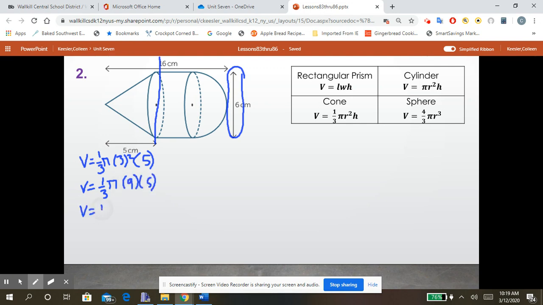So volume equals 1/3 pi times 45. So volume equals, well, 1/3 of 45 is 15 pi. And we'll leave it that way for right now. That's also centimeters cubed. All right, so now we can go into the cylinder that's in the middle here.